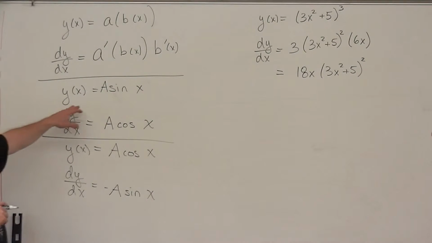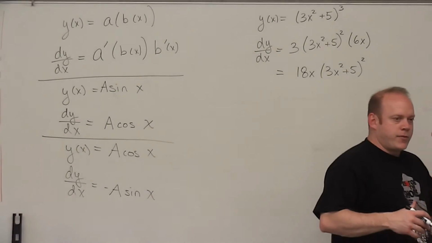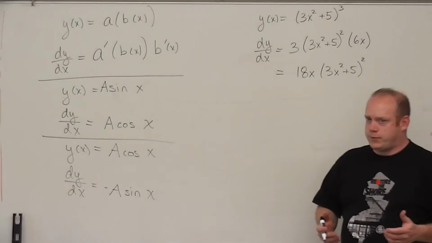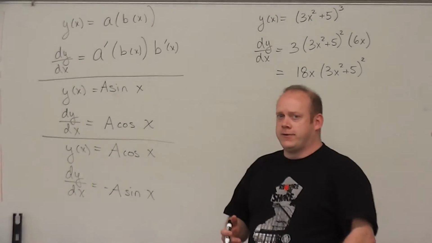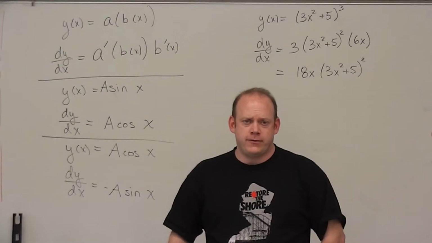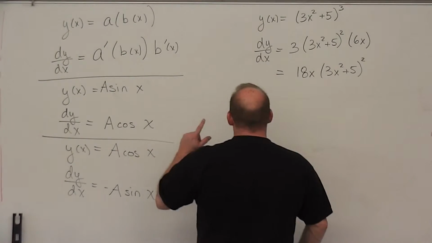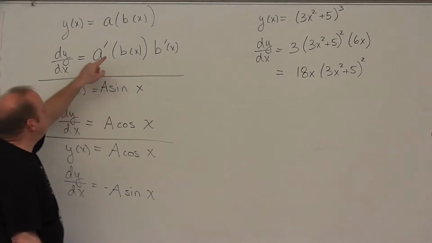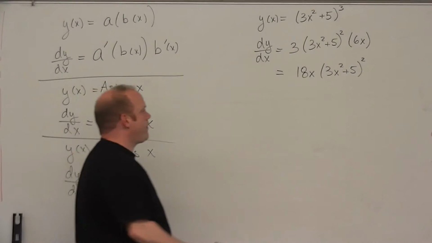Okay, but a lot of times we don't have sine of x; we have sine of 3x. Okay, your position x is equal to 5 cosine of 8t. Okay, we want to figure out what the velocity is. Okay, so we have to look at a little bit more of a general case. This is where being able to do the chain rule comes in handy.